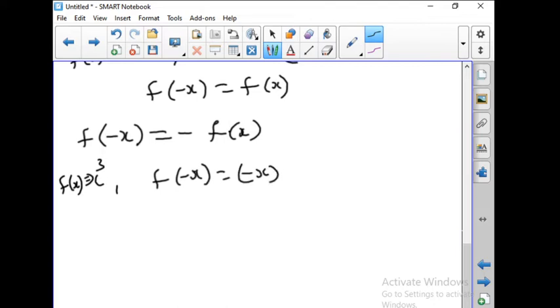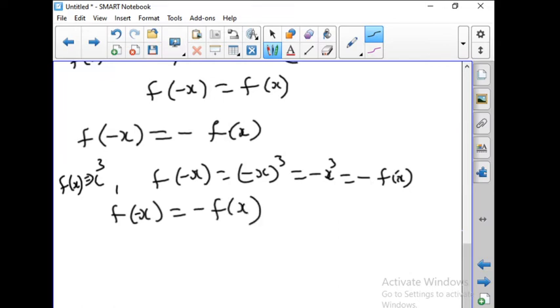Minus x the whole cube, which is equal to minus x cube. So it is minus f of x. Therefore, it is an odd function.